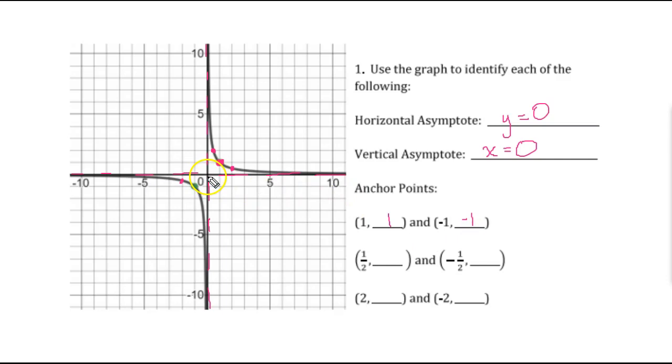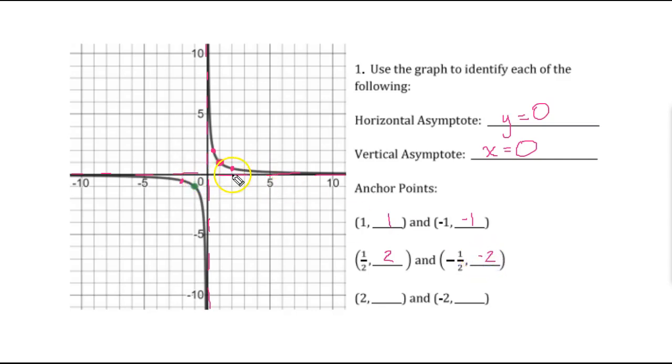Most rational functions are dealing with a lot of fractions, so you are going to have a couple of points that aren't exactly on a corner point or on a grid, but half is usually the easiest one to deal with. So if I do 1 divided by 1/2, I get 2. And same thing for negative. If I do -1/2, 1 divided by -1/2 is -2.